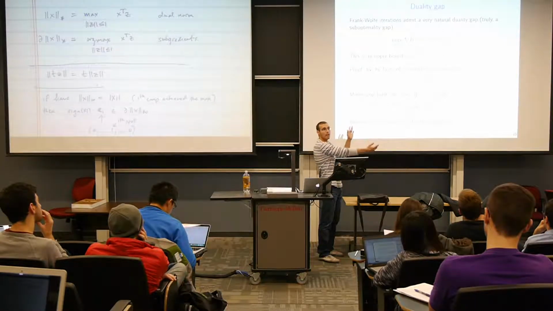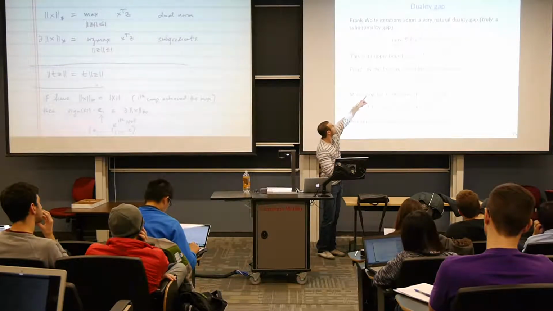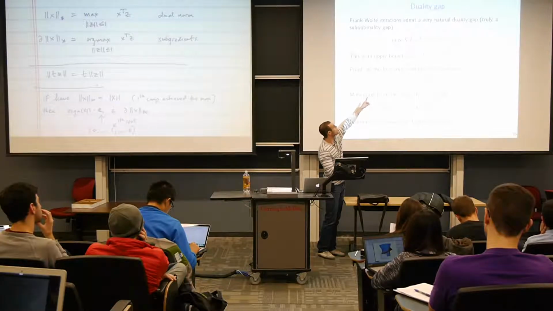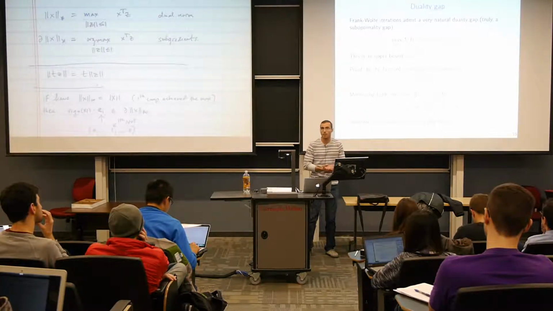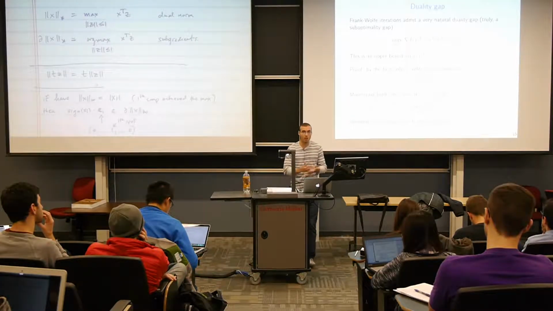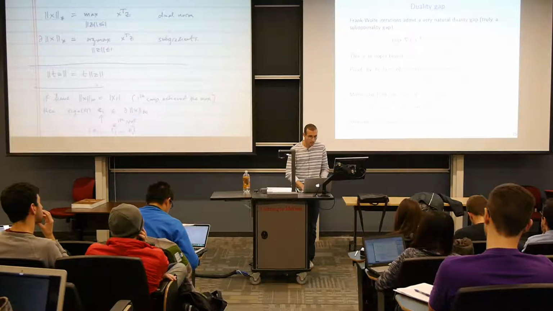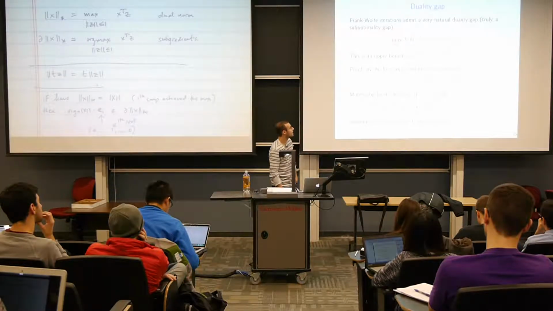So I get that right out of my Frank-Wolfe iterations, because I can split this up into two terms. The first term doesn't depend on s. The second term is max of minus s transpose grad f. That's obviously attained at the minimizer of grad f transpose s, which I've already computed to make my update. So this is an upper bound, it turns out, on f minus f star. And the proof is basically on the slides, plus a few details I left out, but it just comes from the first order condition for convexity.